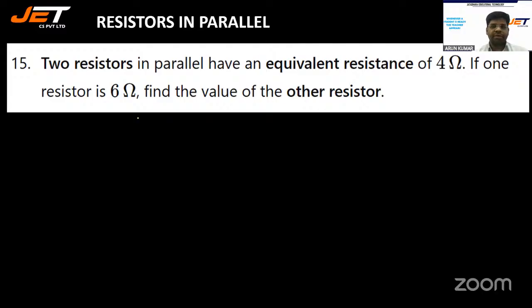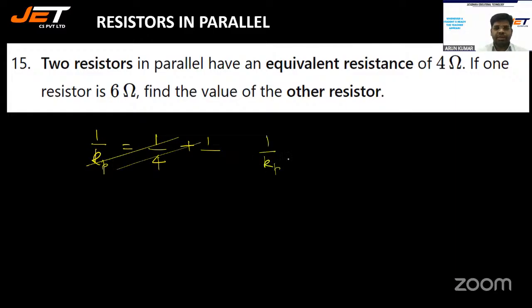Two resistors in parallel have an equivalent resistance of 4. If one of the resistors is 6, find the value of the other. So 1 by RP is equal to 1 by R1 plus 1 by R2.